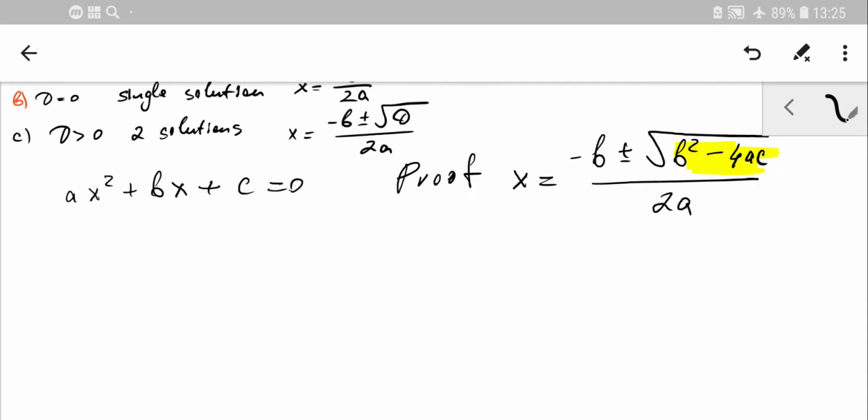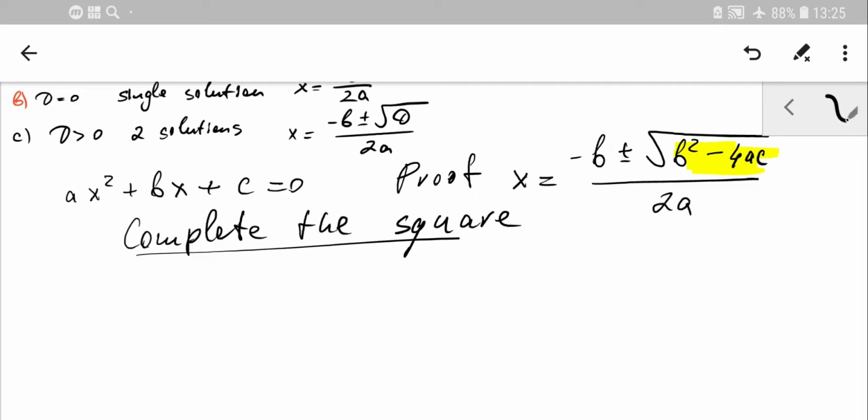Okay, so let's start doing that. I'll be using the complete square method. I just want to complete the square. Make sure you understand how it works. If not, try to watch my video dedicated to completing the square. Actually, I provided several ways there.